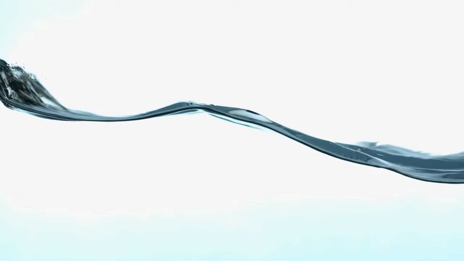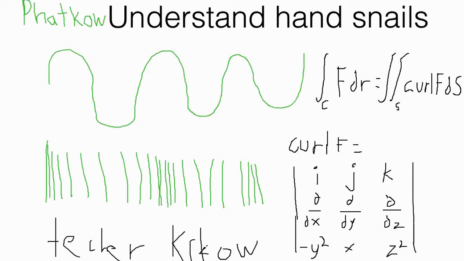A wave essentially transfers energy through harmonic motion. If you don't know what that means, harmonic motion is basically like these wavy thingies. Okay. All right.